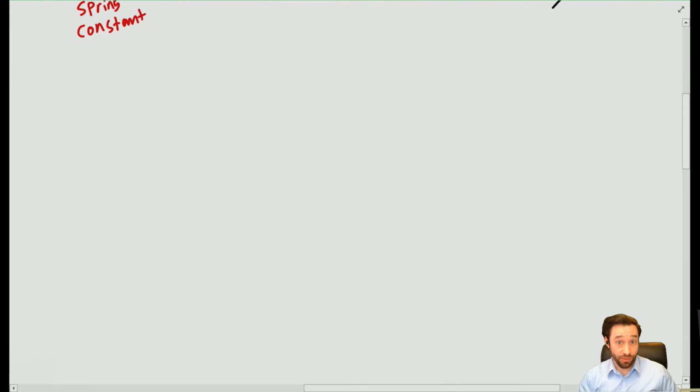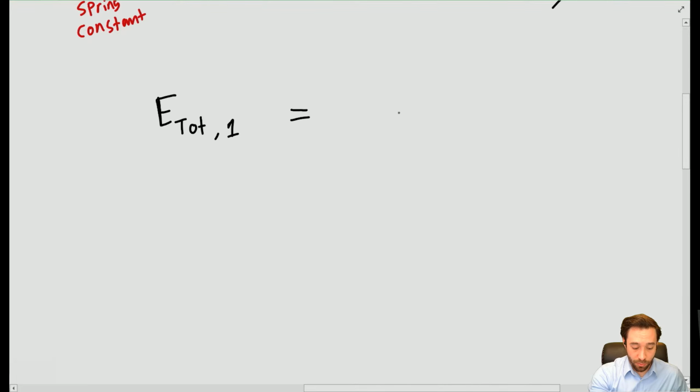All the energy is conserved. So the way that we represent it is the total energy at state 1 must equal the total energy at state 2, which will equal the total energy at state 3.